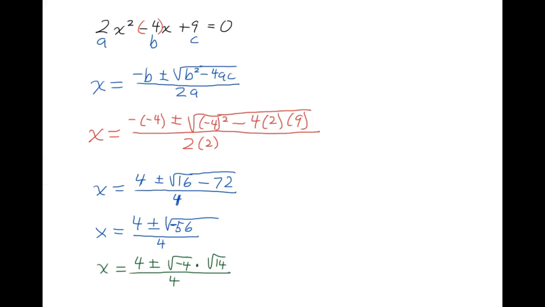This square root of negative 4 becomes the square root of 4 times the square root of negative 1, or that is x equals 4 plus or minus the square root of 4 times the square root of negative 1 times the square root of 14, all over 4.